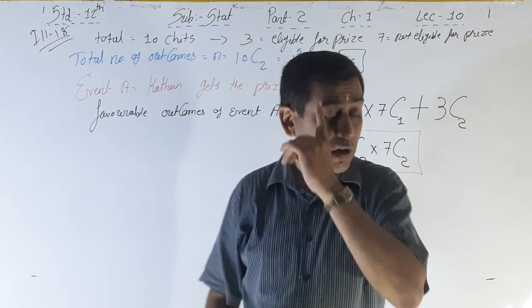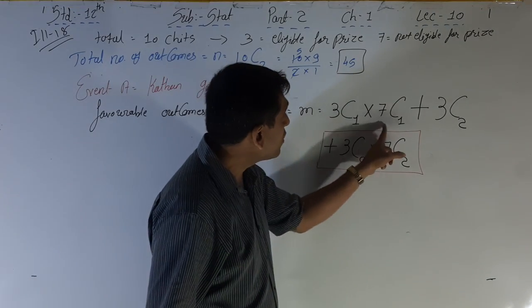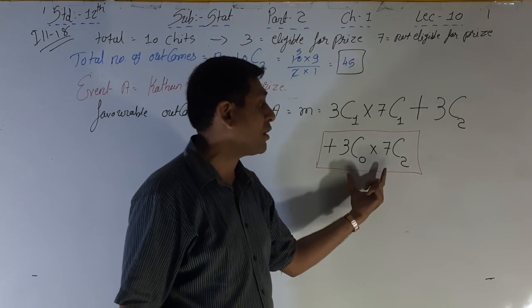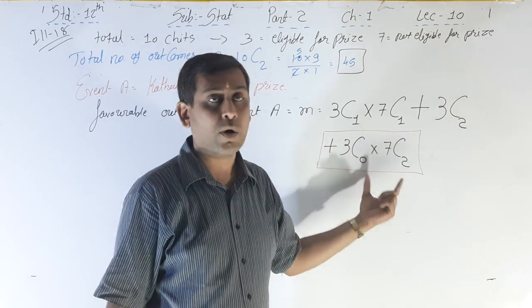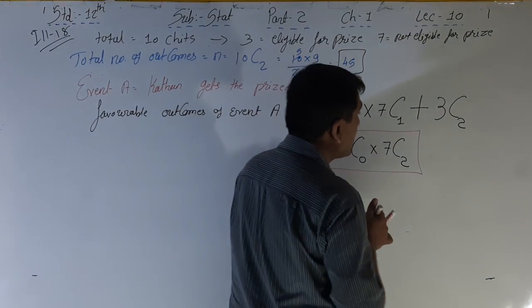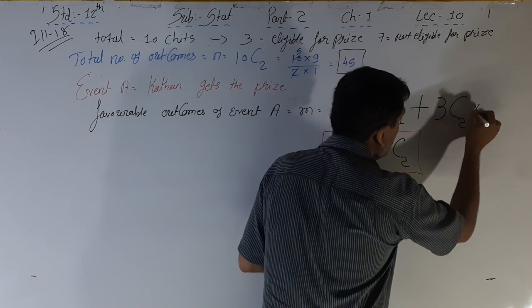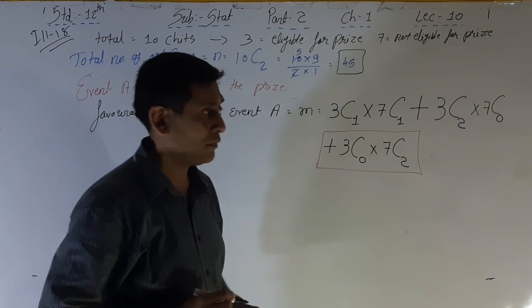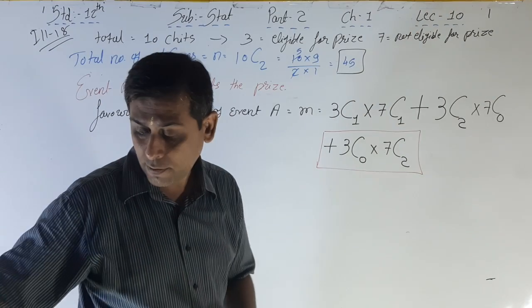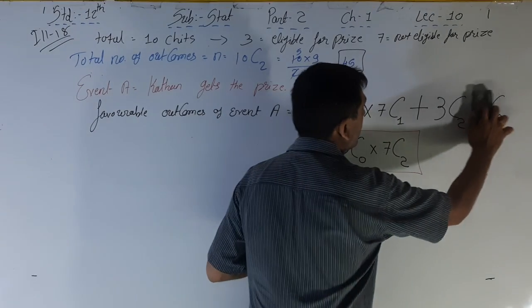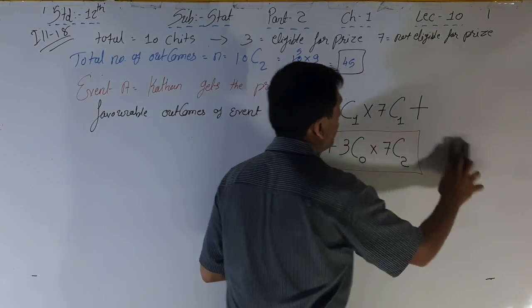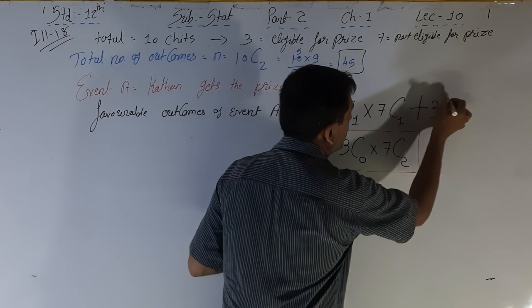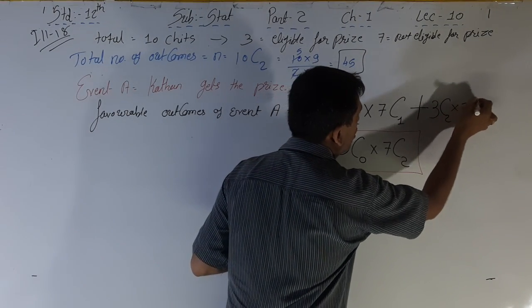Here whatever the condition is there, here the condition is fulfilled, here also the condition is fulfilled, but here the condition is not fulfilled. Okay, so here you can write into 7C0. Why? (3C2) into 7C0.